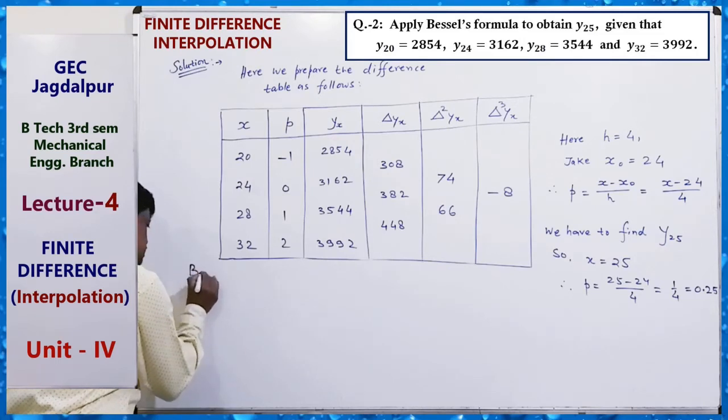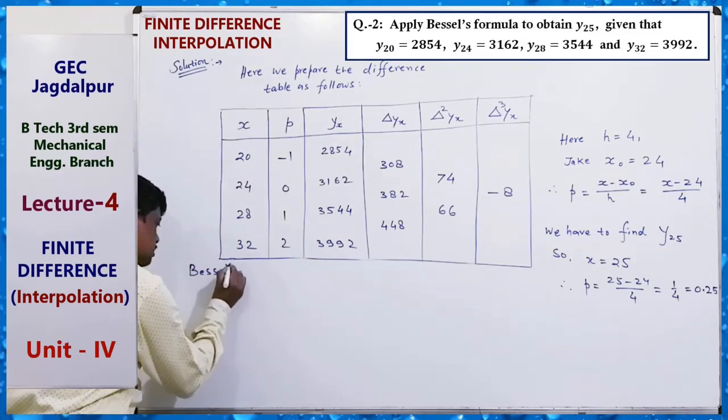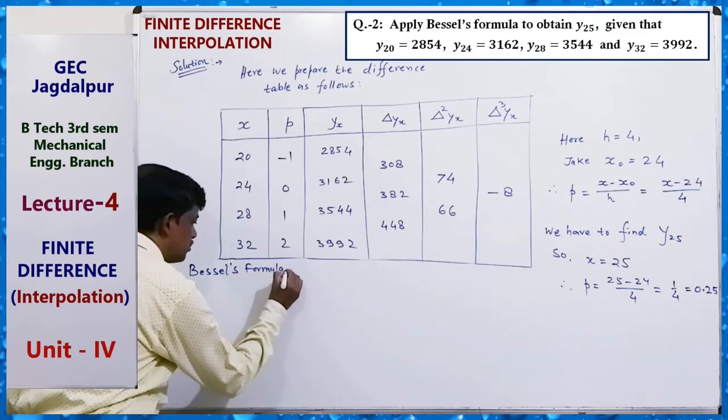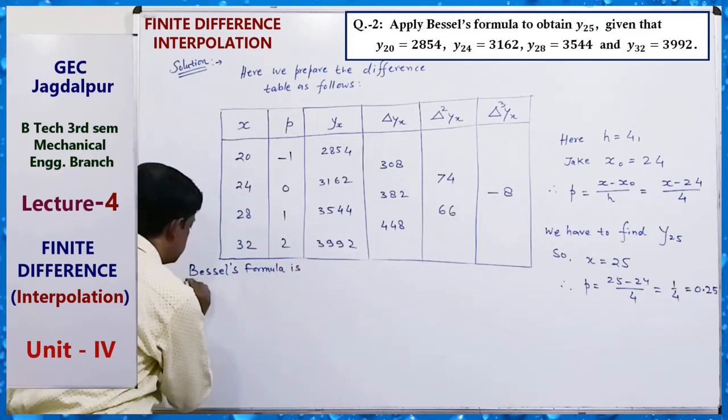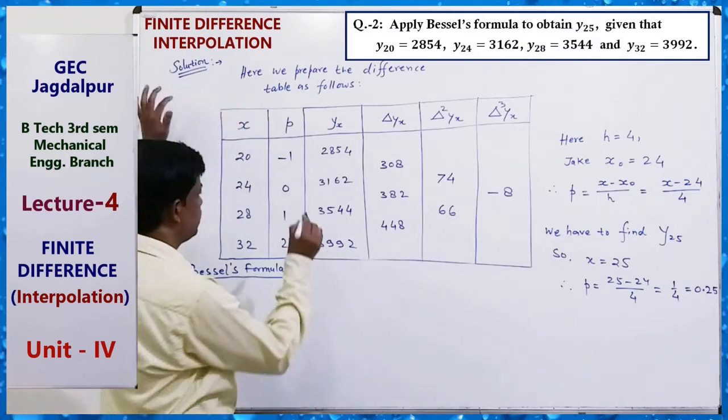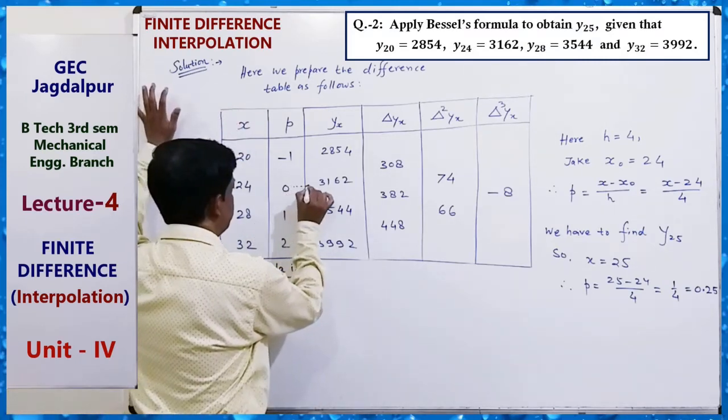Bessel's formula: how can we write it? The center line will be this.